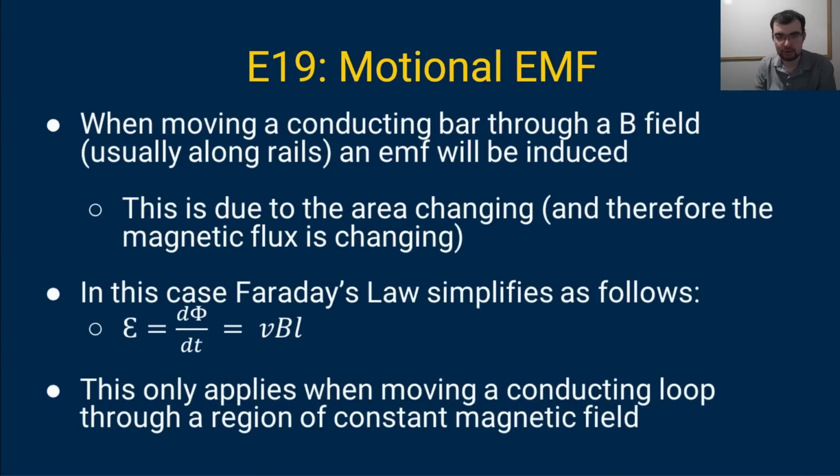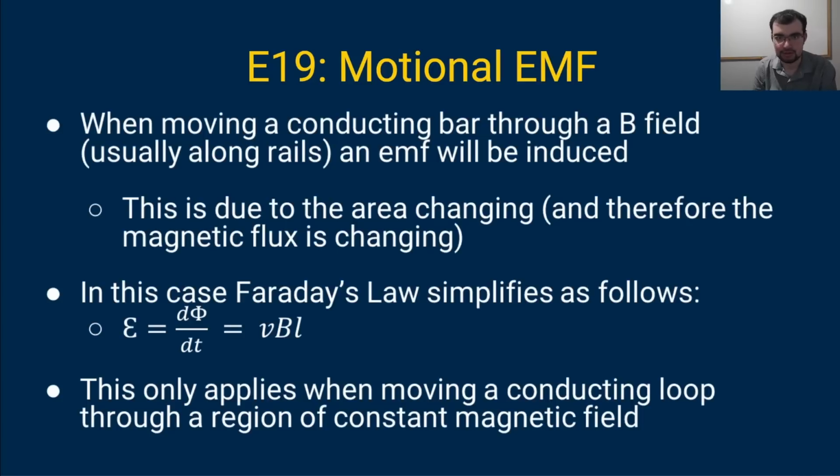Then for a special case of Faraday's law that I've actually been seeing more often: of all the Faraday's law free responses, almost all of them take this motional EMF idea, where if you're moving a conducting loop in a way that's changing its flux, you get an EMF induced. And the dΦ/dt works out to the magnetic field B times the rate that area is changing, and that simplifies to vBL.